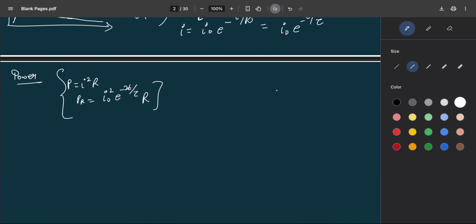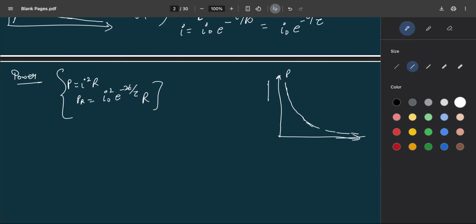Again, if you look at the graph, this graph will look like power versus time.